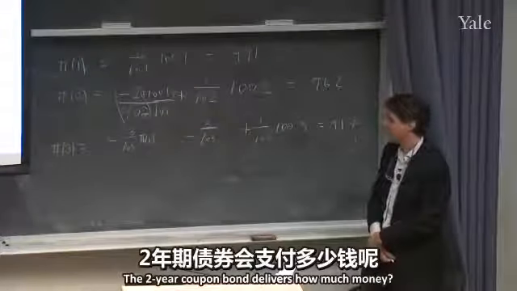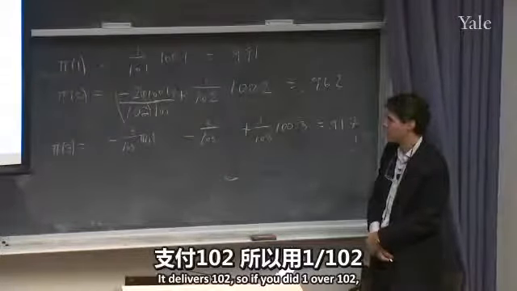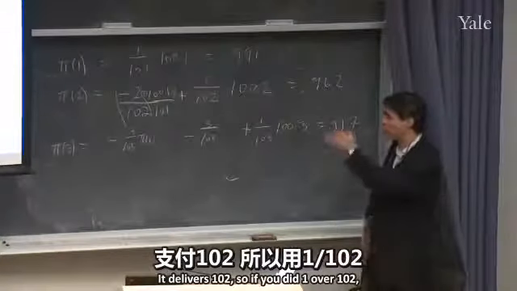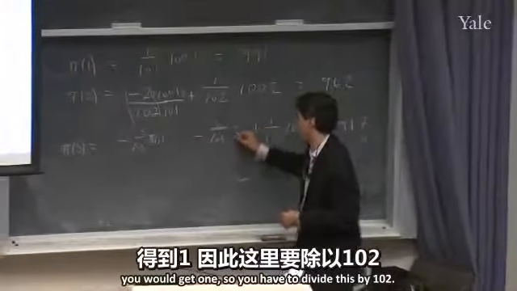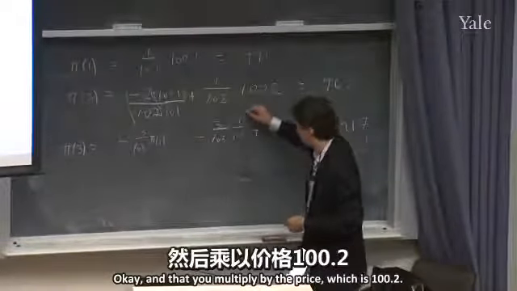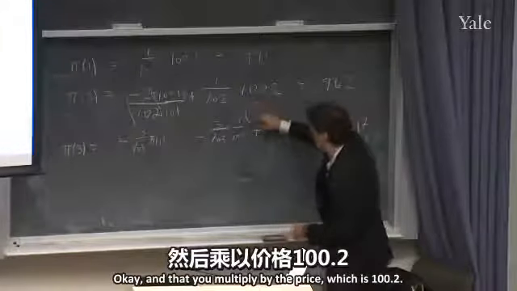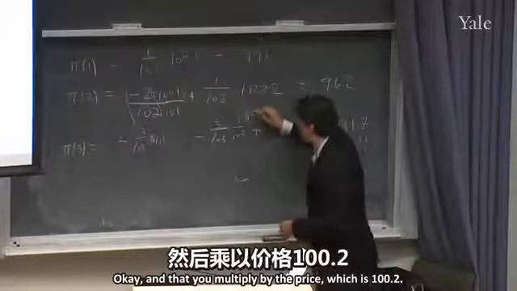And the 2-year coupon bond delivers how much money? It delivers 102. So if you did 1 over 102nd, you would get 1. So you have to divide this by 102. Okay, and that you multiply by the price, which is 0.96, by the price, which is 100.2.